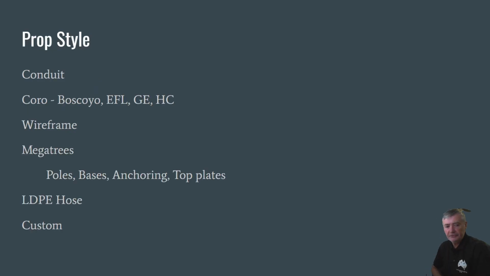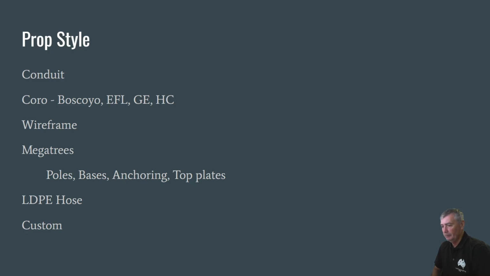Prop style, so you need to make choices about how you build your props, and probably the most common ways are these. Conduit's extremely popular, whether it's EMT or plastic conduit. People will either cable tie pixels to it, or drill holes through it and push pixels through it. Commonly used for window frames, house outlines, things like that.